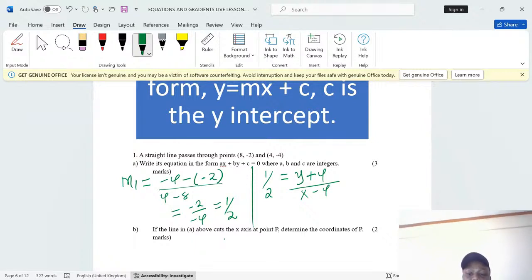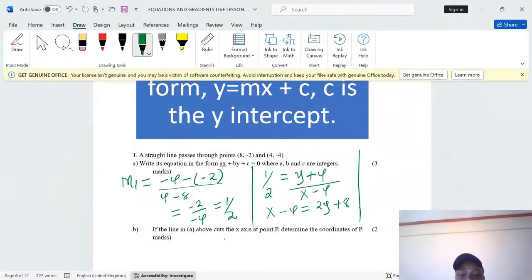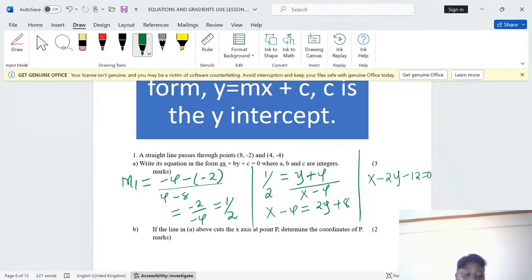We cross multiply and have x minus 4 equals 2y plus 8. Now there is a format in which the equation should be, so we arrange it in that format. This gives us x minus 2y, then -4 minus 8, giving us -12 equals 0. So this is now the equation in the said format.